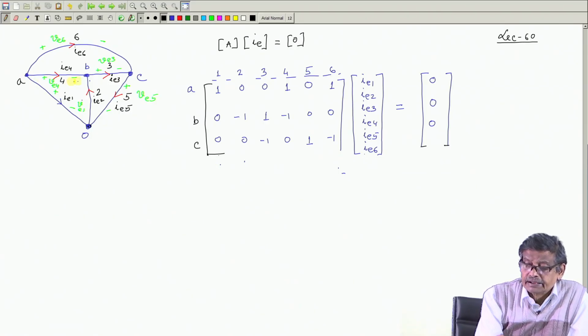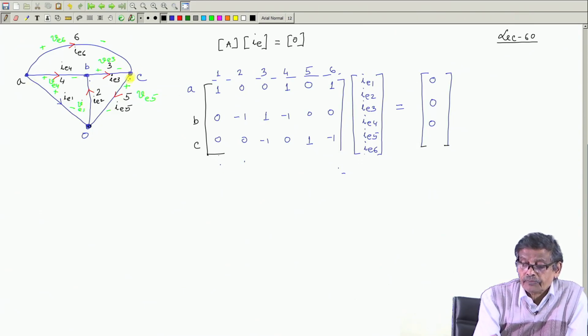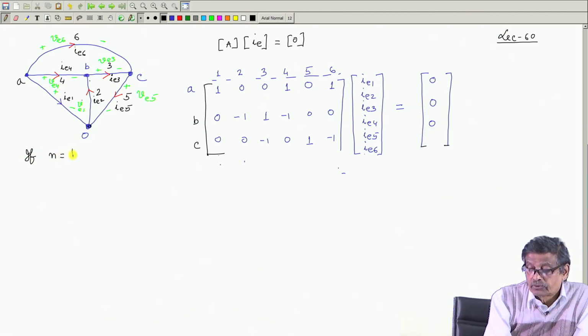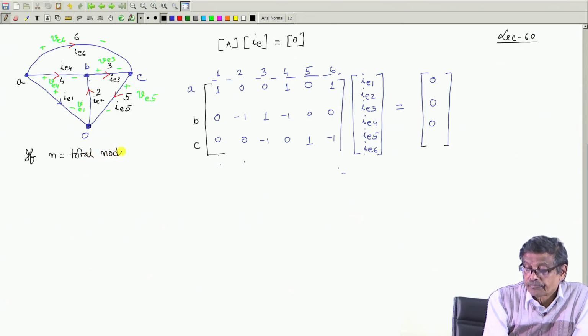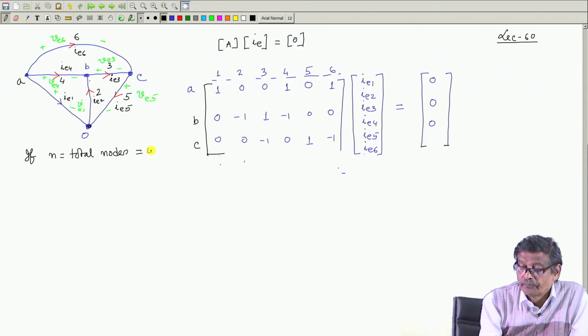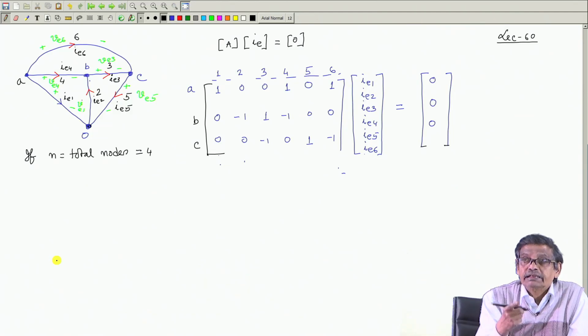If there are 4 nodes, then the number of equations I am writing, reference node I am not writing KCL, so it will be 1 less. So, if n is equal to the total number of nodes, in this case it is 4, then KCL equations I will be writing only in 3 nodes.